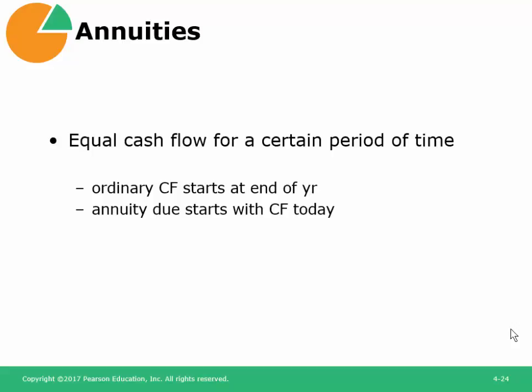The Excel formulas, almost all financial calculators are set as a default to assume that cash flows happen at the end of the period. However, if you want cash flows to start at the beginning of the period, you obviously have to change the variables. You have to change how it calculates.